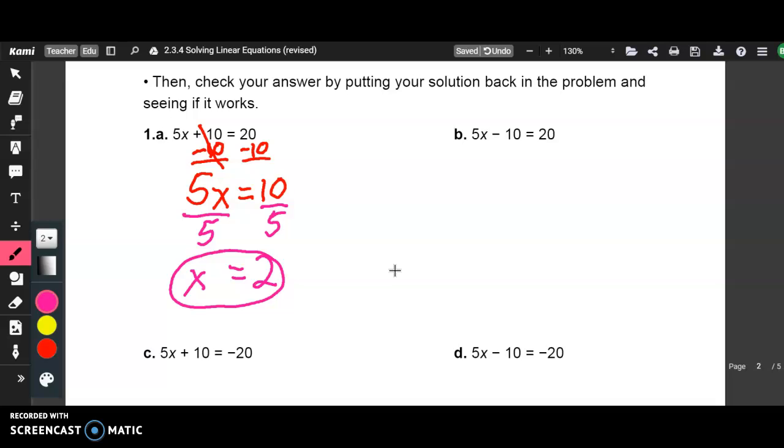Now, how could I check that answer? Well, what I can do is take the original equation, which would be 5, and then instead of x, I put in 2.